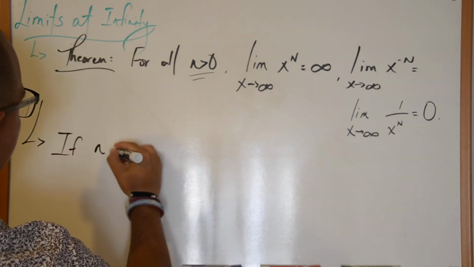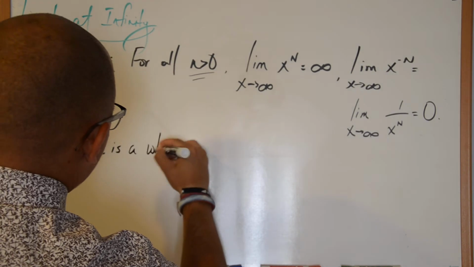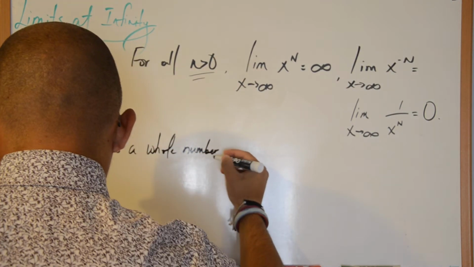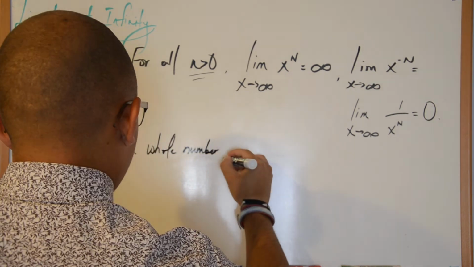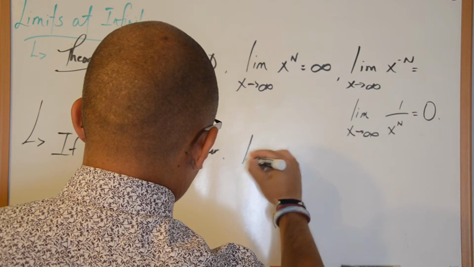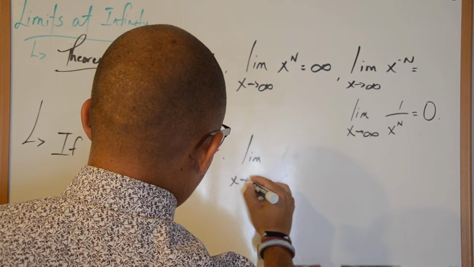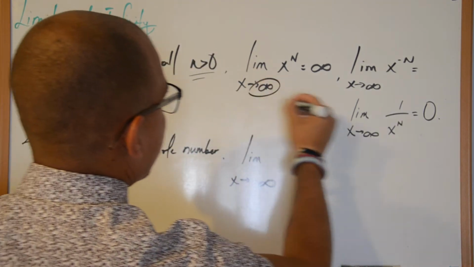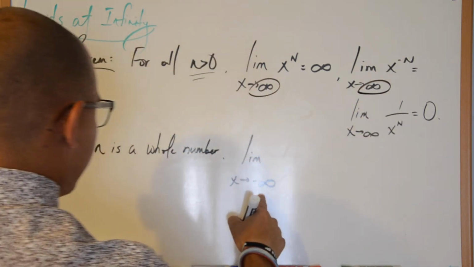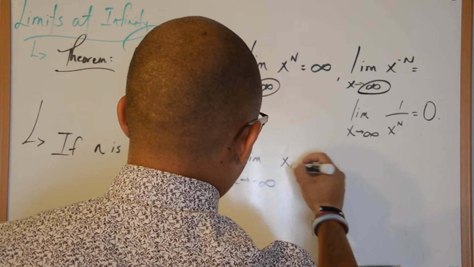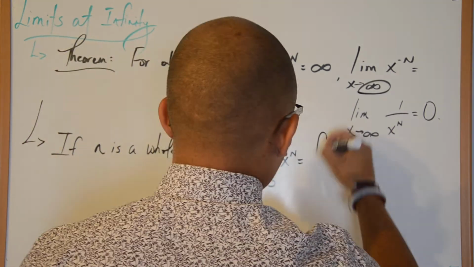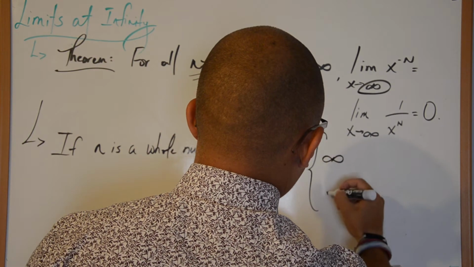If n is a whole number, the limit as x approaches negative infinity, these were both positive. So the limit as x approaches negative infinity of x to the n, we are going to have two types of behavior.